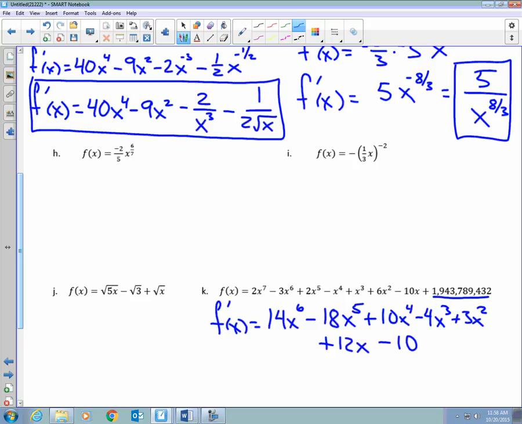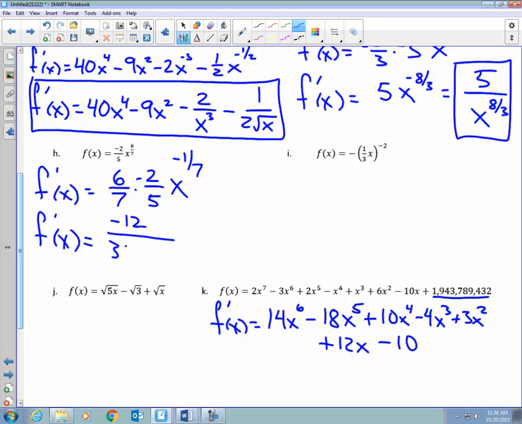Okay, h. Do I need to rewrite it? No. I can simply bring the exponent in front, 6 over 7 times negative 2 over 5, x to the what? Negative 1/7. Thank you. Six times negative 2.